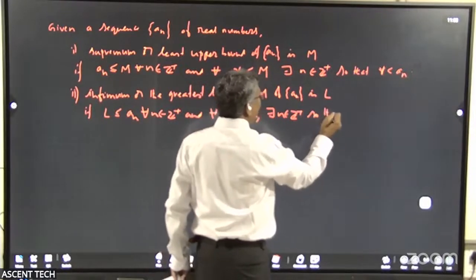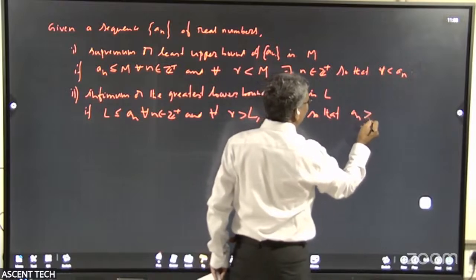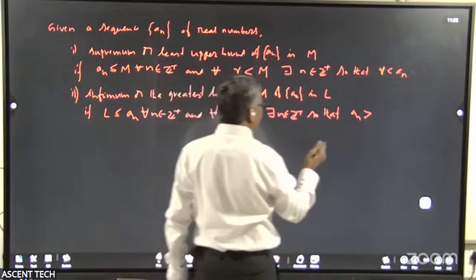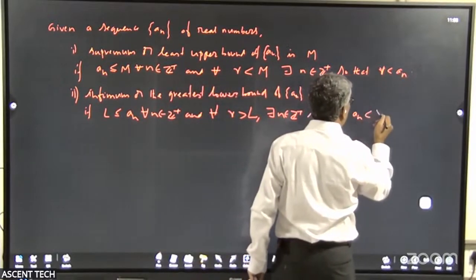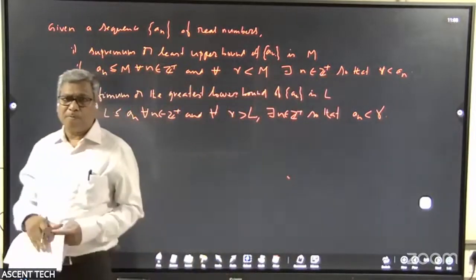So that R cannot be assumed to be the greatest lower bound.